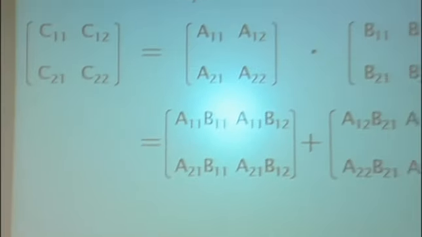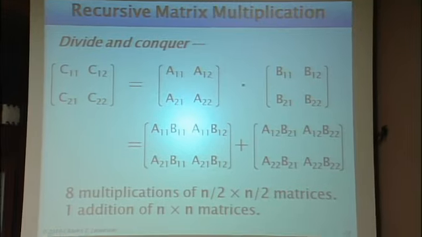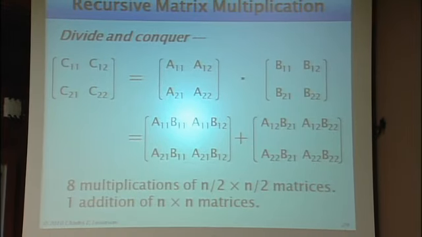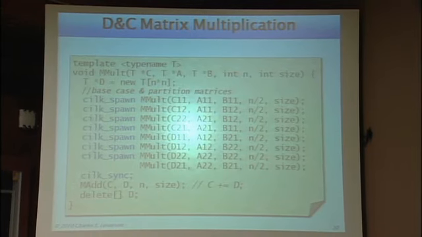So let's take a look at recursive divide and conquer multiplication. We're familiar with this too. Okay? So this is 8 multiplications of n/2 by n/2 matrices and 1 addition of n by n matrix. So here's the code, using a little bit of C++ism.